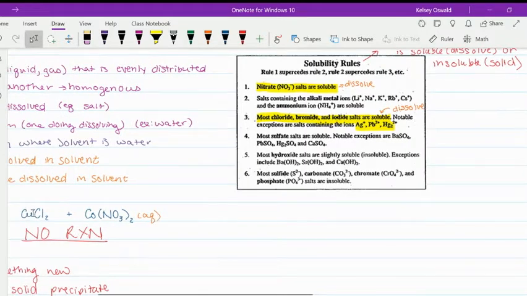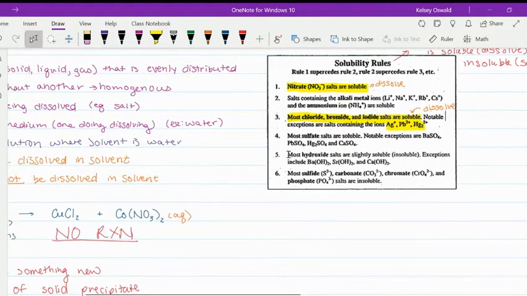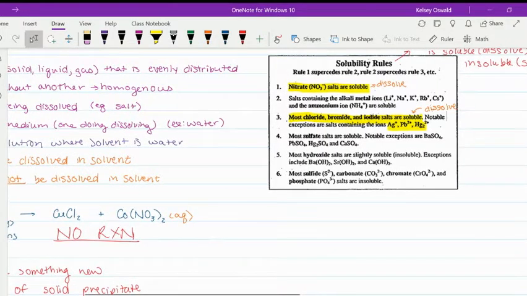If we look at our solution here, we had copper and chlorine. That's not one of those three exceptions. So that means our copper chloride is going to stay dissolved in water and remain an aqueous solution. Since we did not have any insoluble compounds or did not form any solids, that's why we're going to say here that we did not have a reaction.